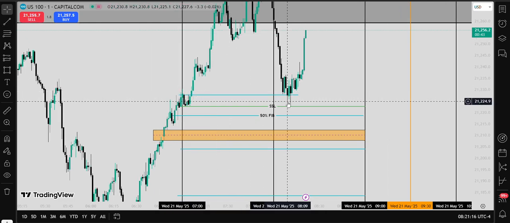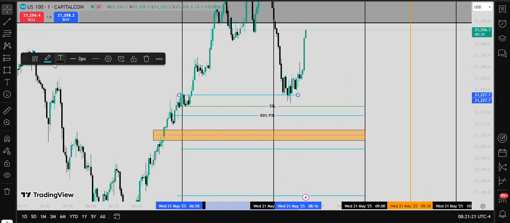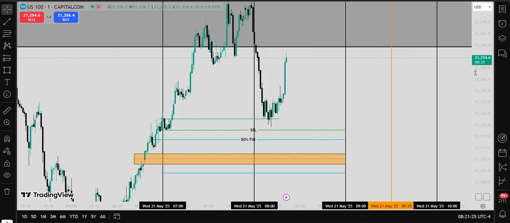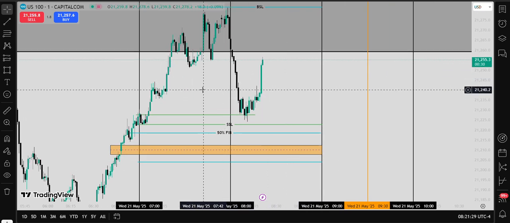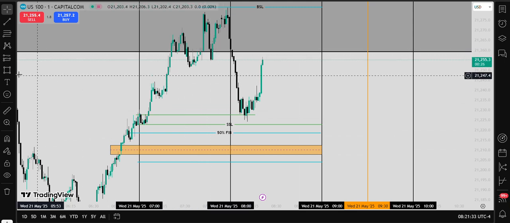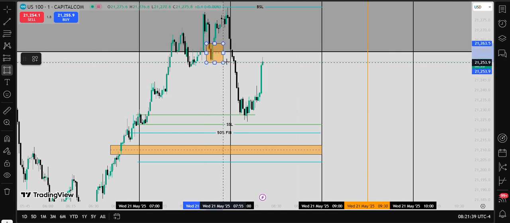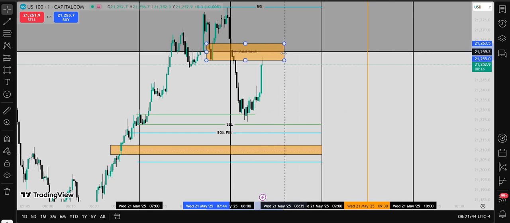Wicks went right below it, but after respecting it, it went higher, to where we were actually looking for a sell if it came to this down close candle. See right here, right there, right there, and that's our breaker.